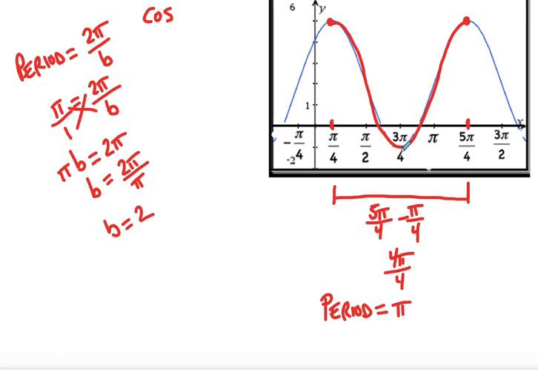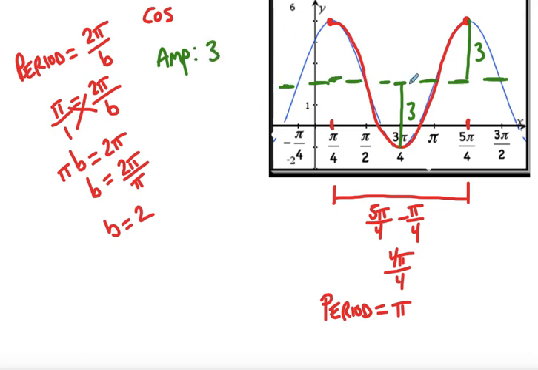So if I was to go up 3 from here, 1, 2, 3, that would put me right there. Or if I went from the top down, 1, 2, 3, it's putting my midline at 2. So again, up from the midline was 3, down from the midline was 3. That means that the amplitude is 3.